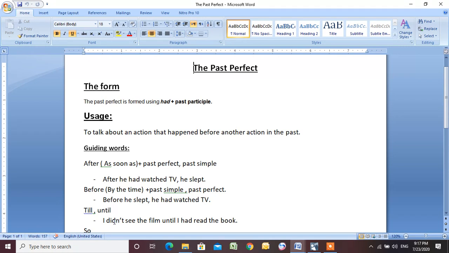Now, what about till or until? I didn't see the film until I had read the book. You can say also, I didn't see the film till I had read the book. So after till or until, you put the past perfect tense. In the other sentence, you put the past simple, but in the negative form.